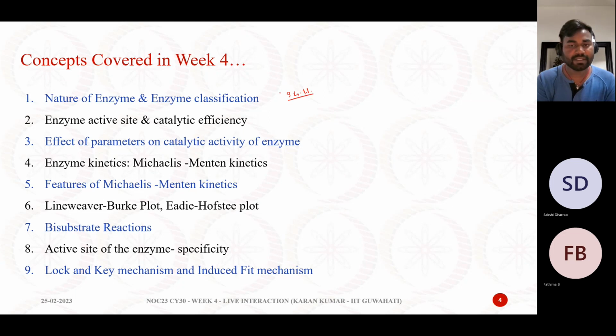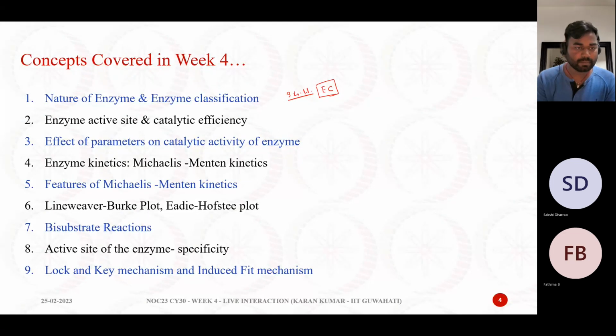For every enzyme there is an enzyme ID, determined by the Enzyme Commission, the EC numbers. There are 6 enzyme classes based on the role they play and their functionality in the biological system.